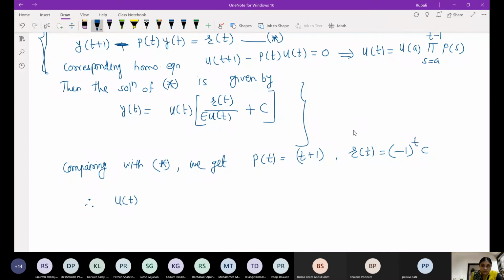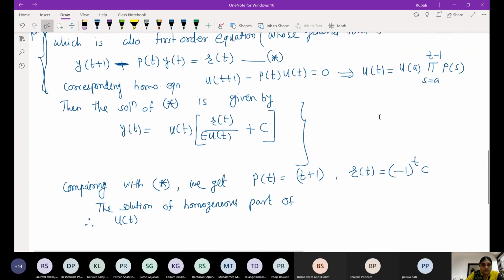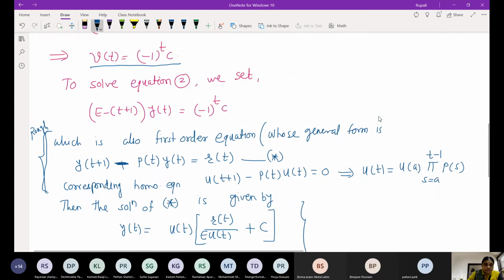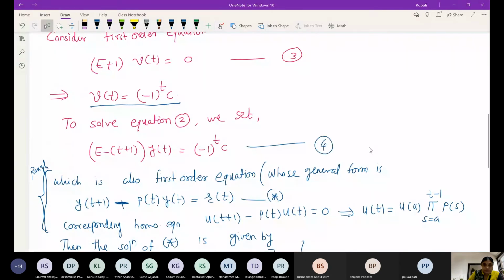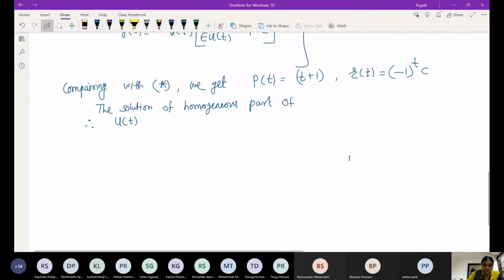The solution of the homogeneous part of 4 is what? What is u of t then?